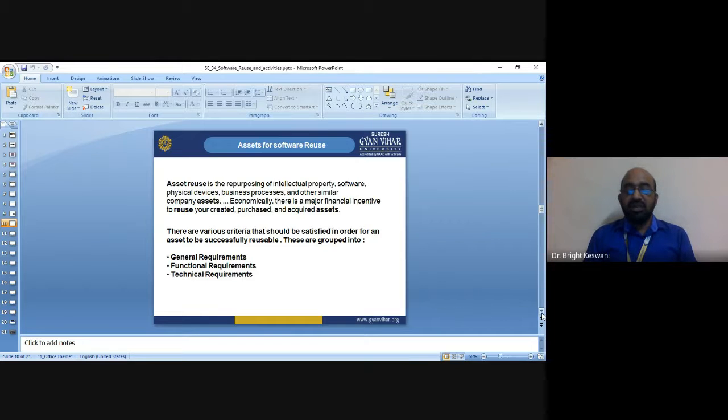So there are different levels of reuse that can be considered. First, at the highest level, entire applications can be reused on different platforms provided they are portable, and subsystems can be reused within different applications, probably within different domains also.